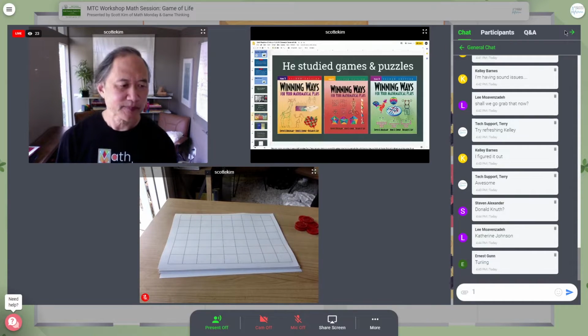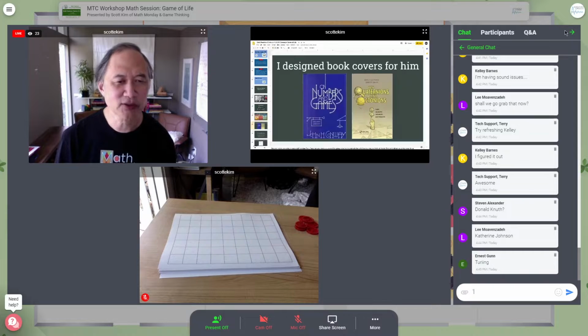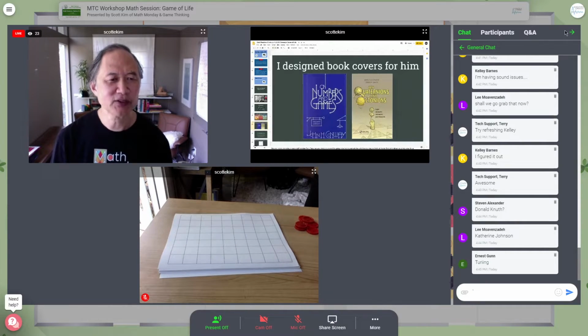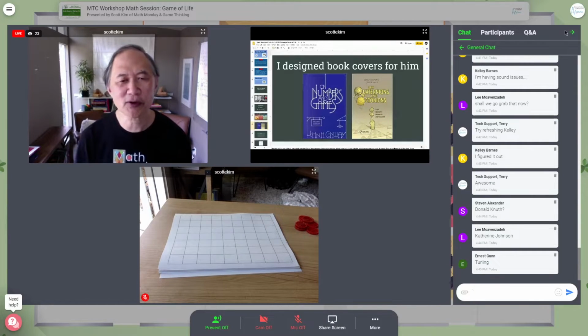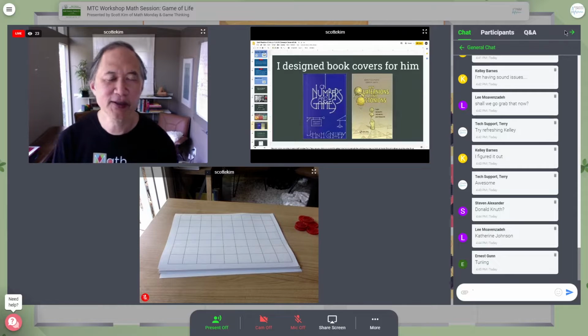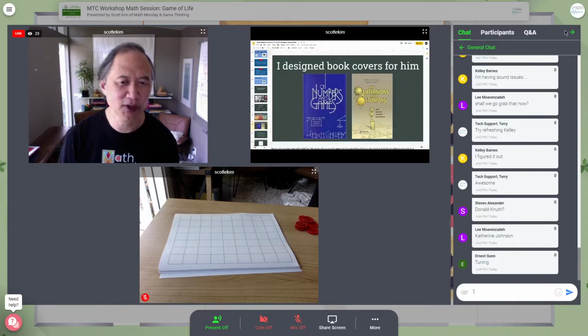I had the pleasure of designing some book covers for him. Here's one of his best known books on numbers and games, which I heard he wrote in just a week or two, and a lesser known book on quaternions and octonions. Some of you have probably heard about quaternions. They're the next thing after complex numbers. Well, you can go even further. There's octonions. They're even stranger.